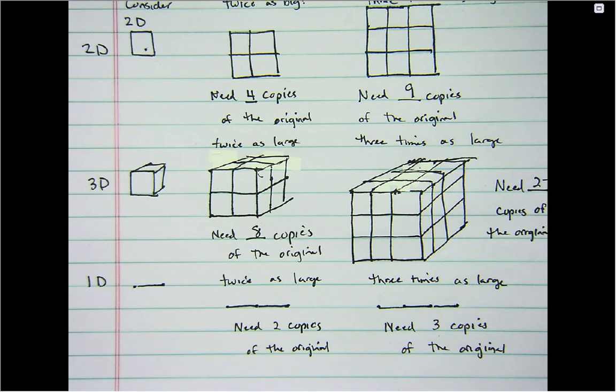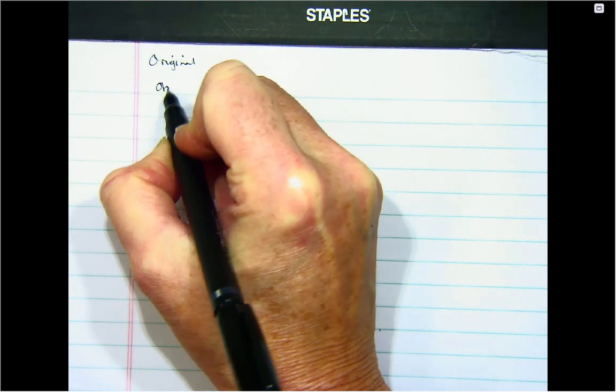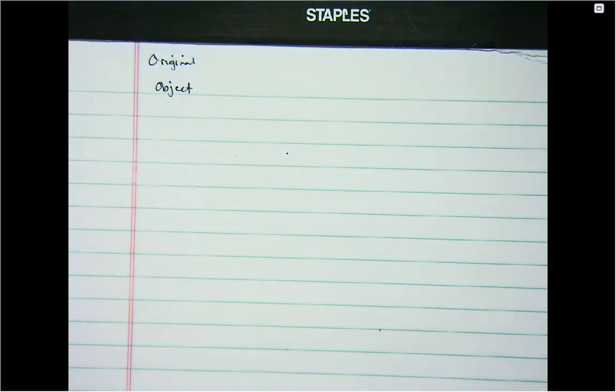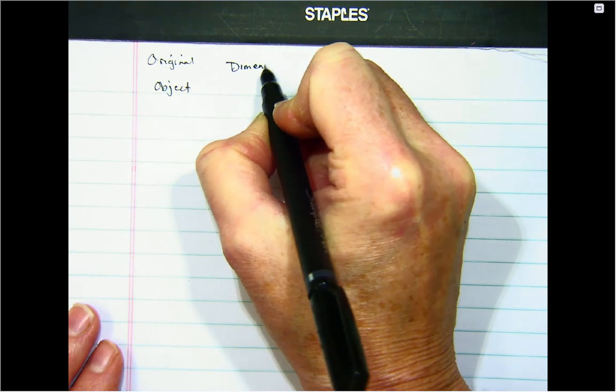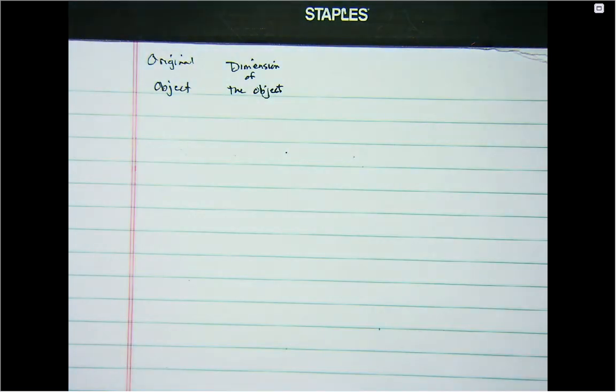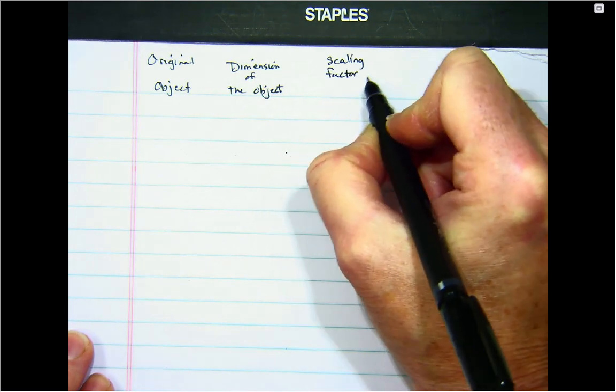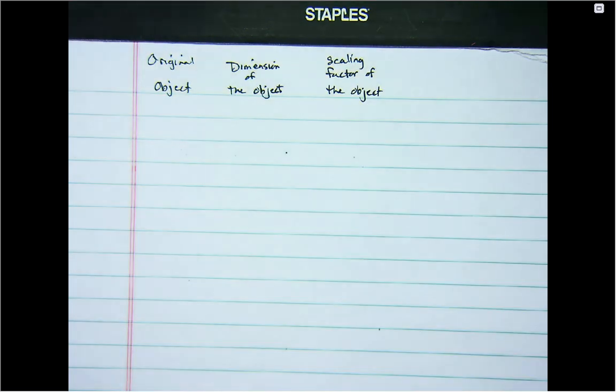Well, let's go ahead and put all of this information in a chart. We're going to try to understand the simple things more deeply and see if that leads us to a definition of dimension as we see the differences. So we have the original object, the dimension of the object, the scaling factor for the object, so we made objects twice as big or 3 times as big, so our scaling factors will be 2 and 3.